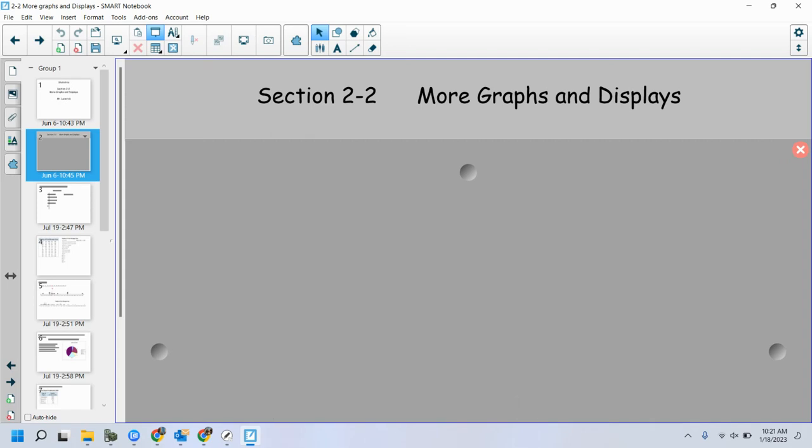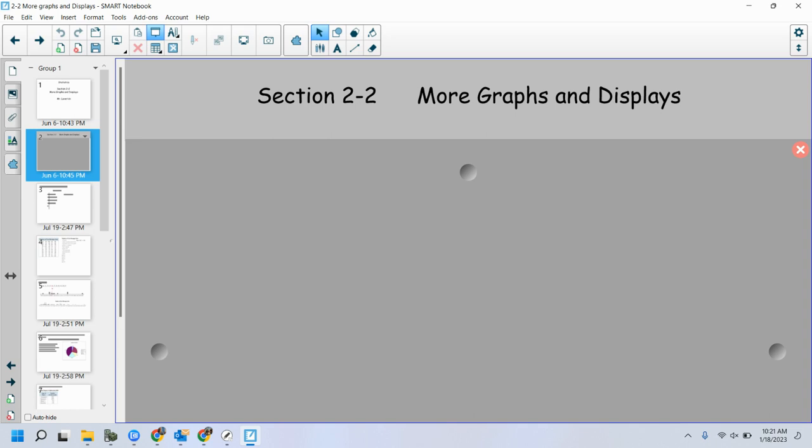Now, the unique part about section 2.1 is that all of those ways of displaying data didn't really show each piece of data within it, right? And we talked about that a little bit yesterday. In a frequency table, you can't tell what the data actually are, right? You can't tell what individual entries are in that.